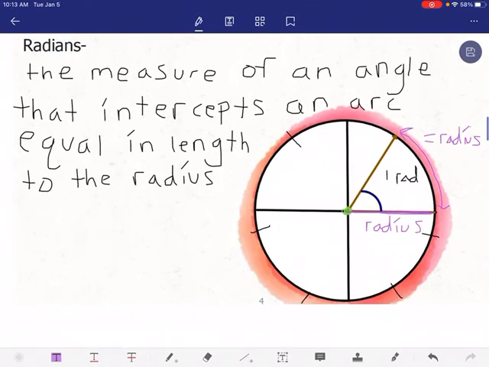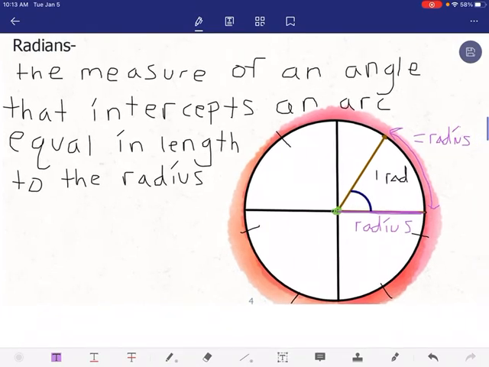And the reason for that is because if we talk about the circumference of a circle, remember that we're talking about 2 pi r.